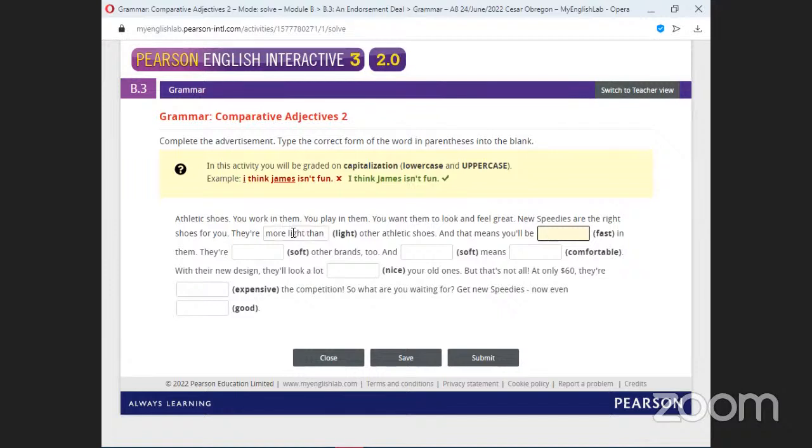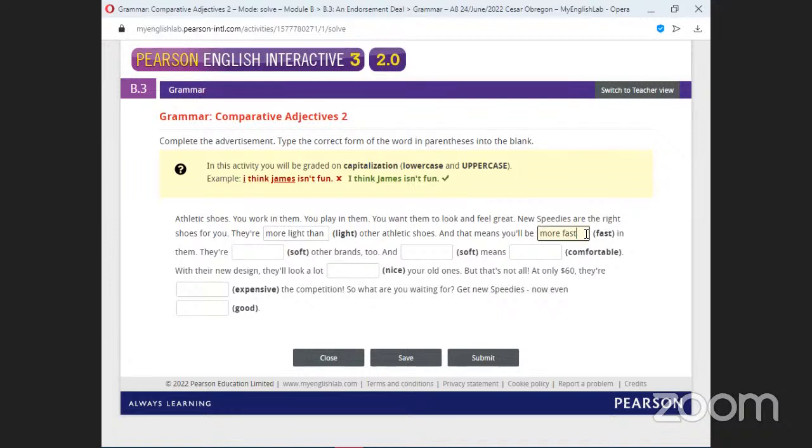Other athletic shoes, and that means you will be more fast. I'm sorry? More fast. You will be faster in them. Yes, faster.